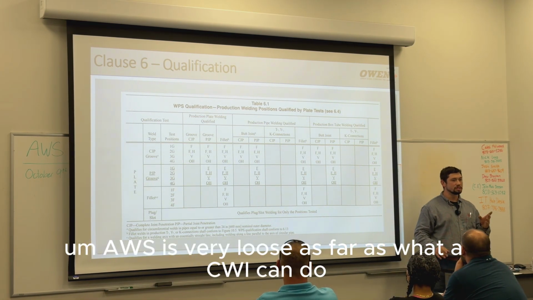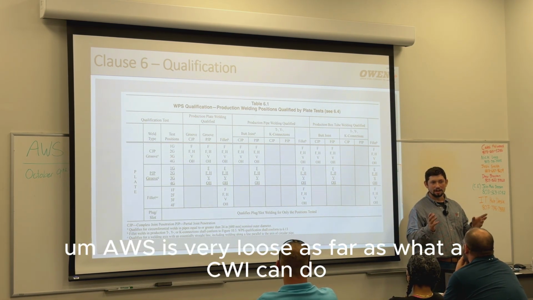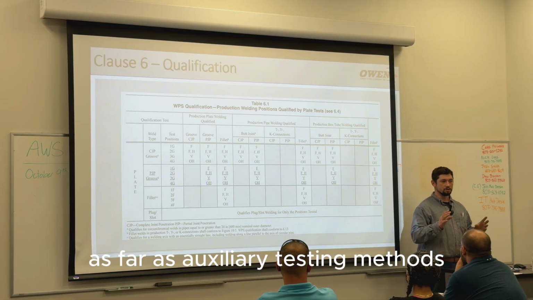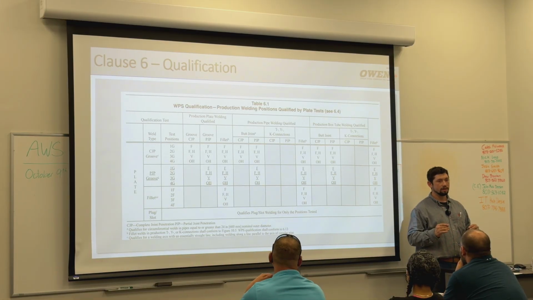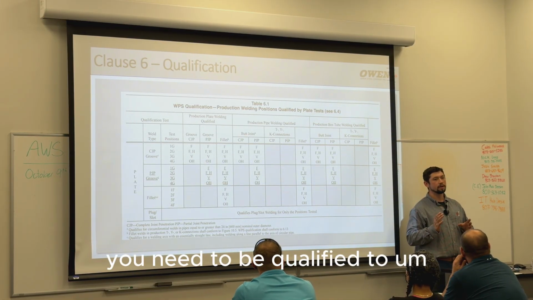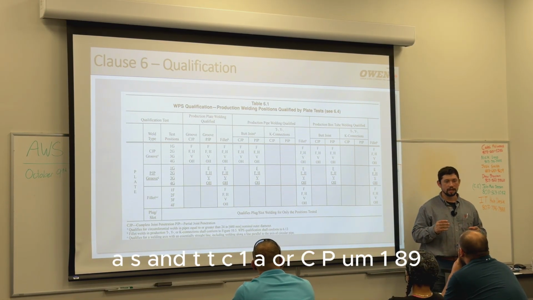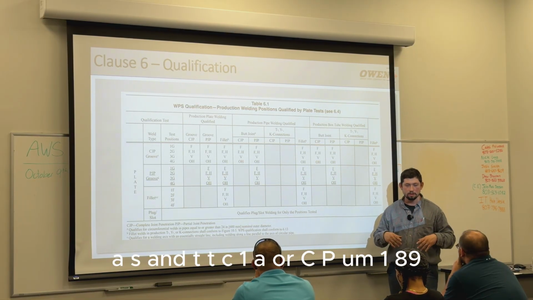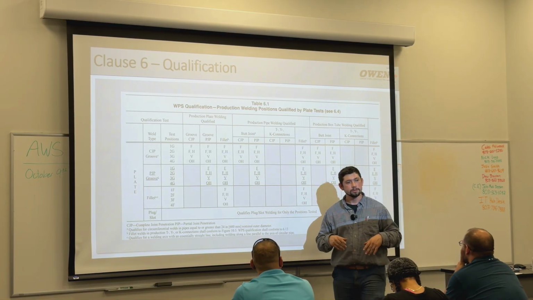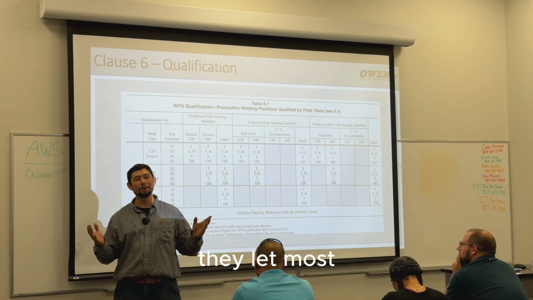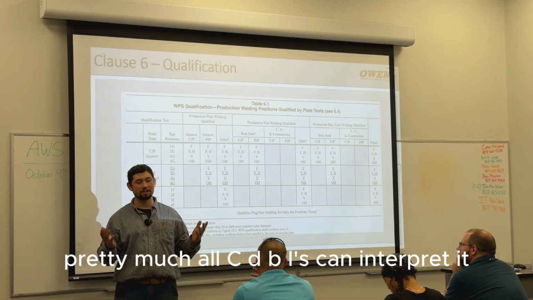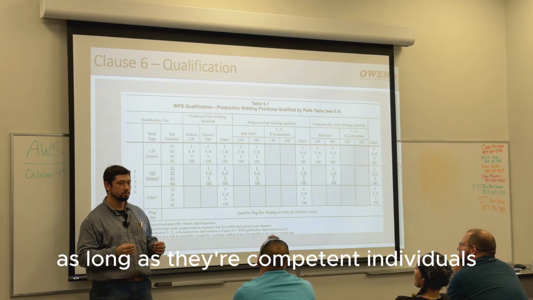AWS is very loose as far as what a CWI can do as far as auxiliary testing methods past non-destructive testing. For non-destructive testing, you need to be qualified to ASNT TC-1A or CP-189. But for destructive testing, pretty much all CWIs can interpret it as long as they're competent individuals.